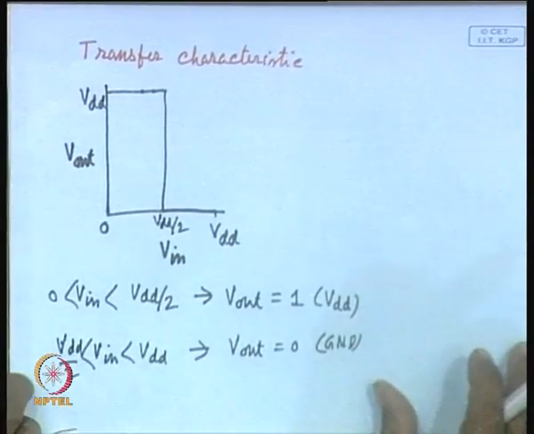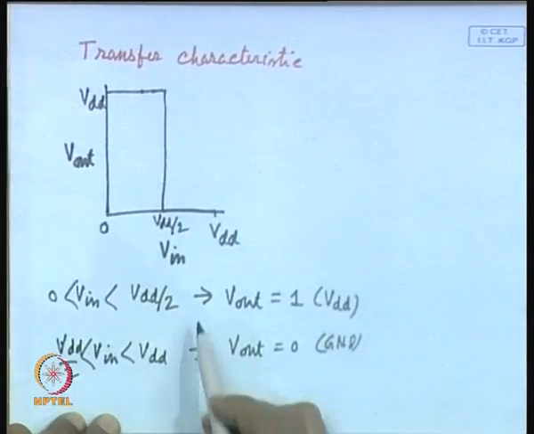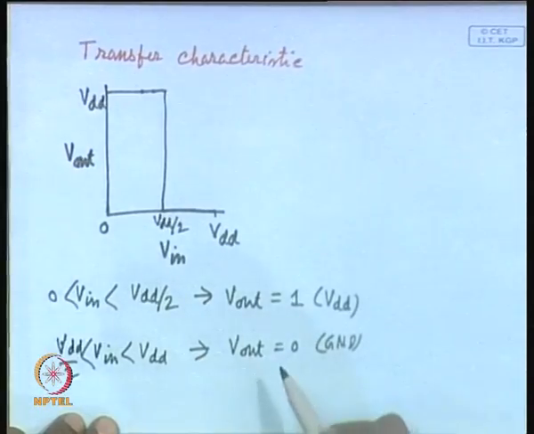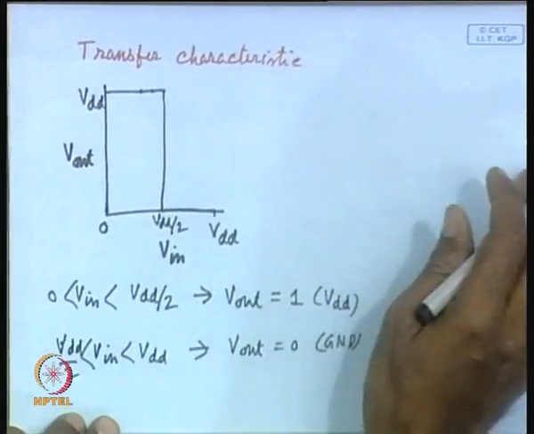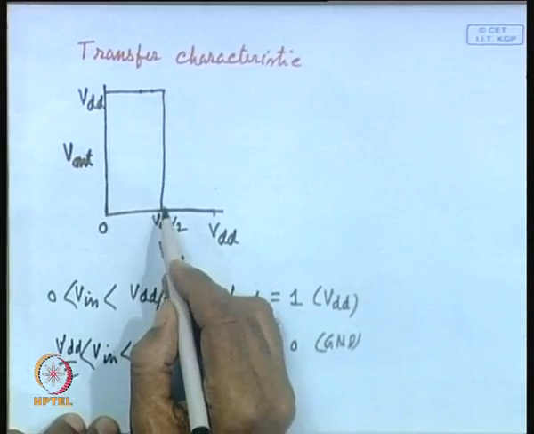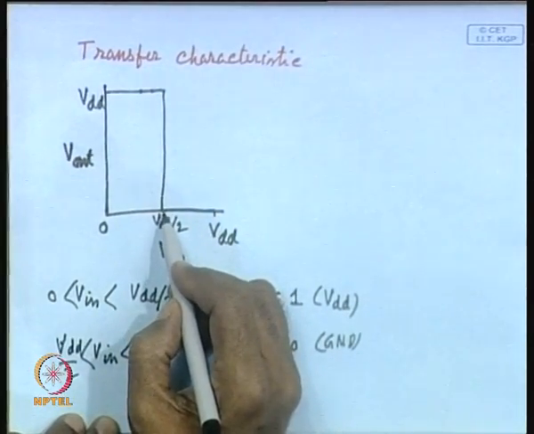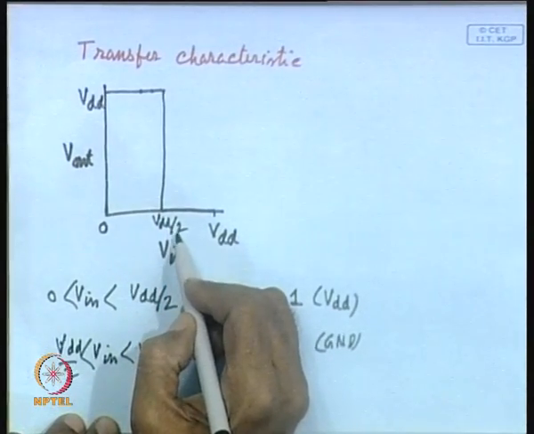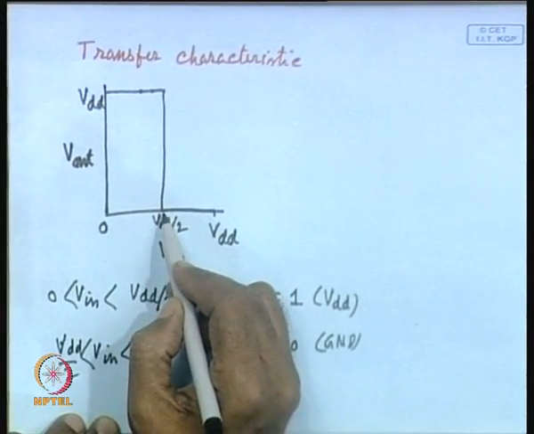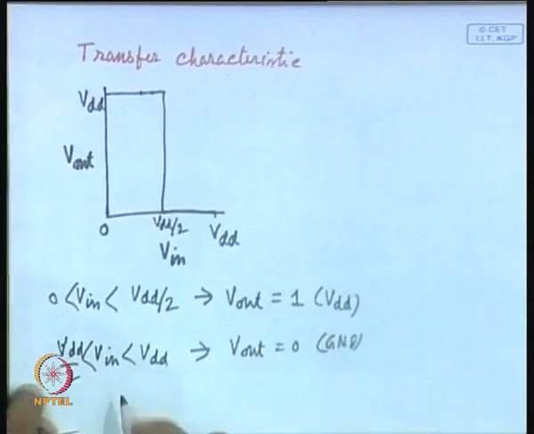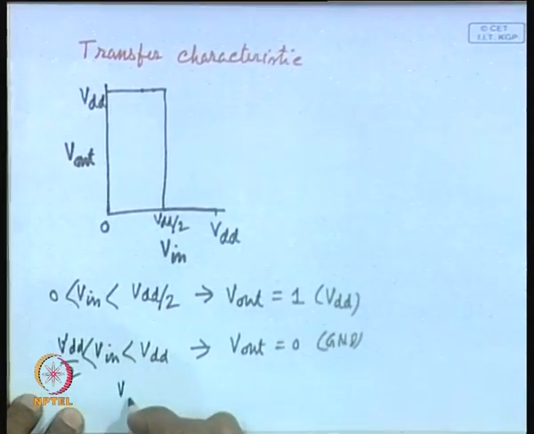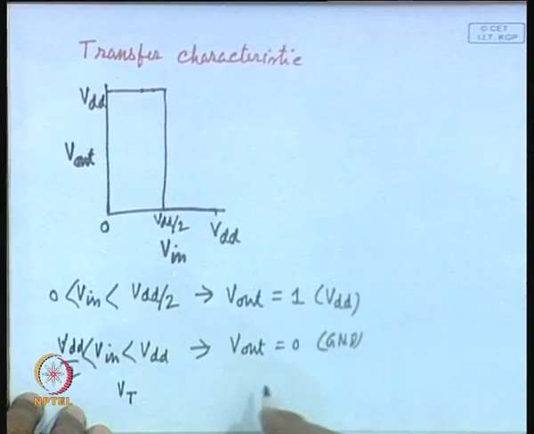So, this is the ideal characteristic of an inverter, and as you can see here, the output is abruptly changing at the middle, that means whenever the input voltage is VDD by 2, and this is usually known as VT. VT or inversion threshold voltage, usually it occurs whenever V in is equal to V out.